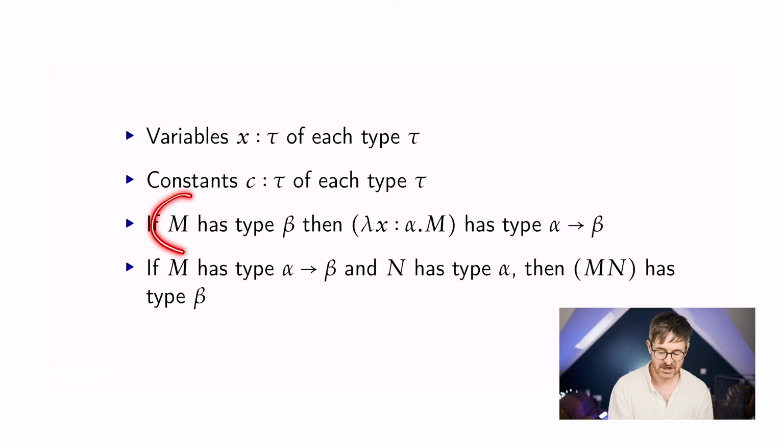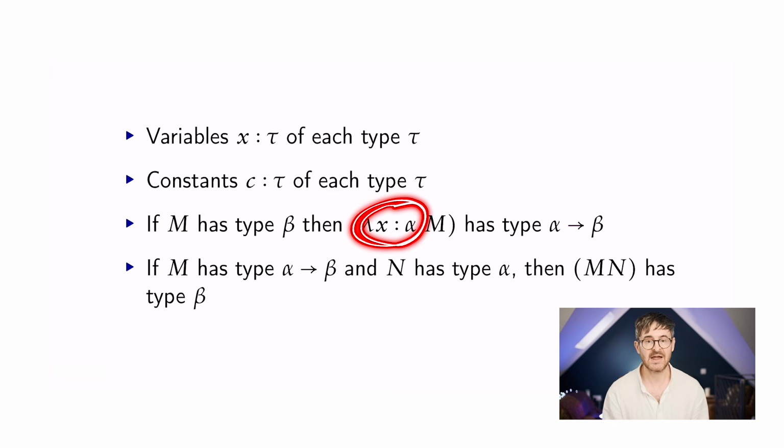If I've got some term m of type beta, and I take a variable x of type alpha, then I can abstract. Okay, so lambda x of type alpha m, that's going to have type from alpha to beta. Okay, because the variable has type alpha and m has type beta.